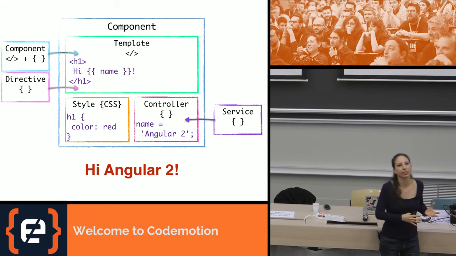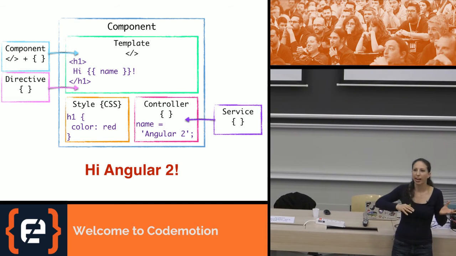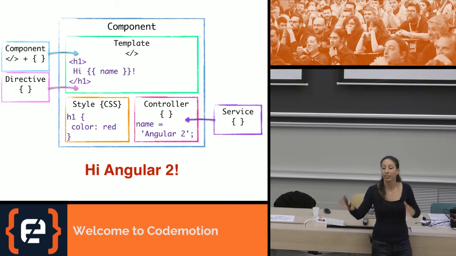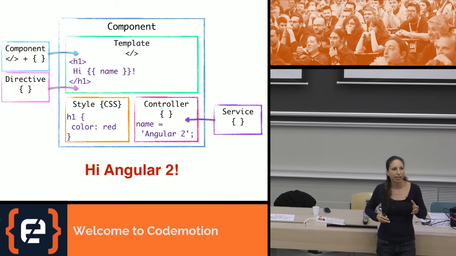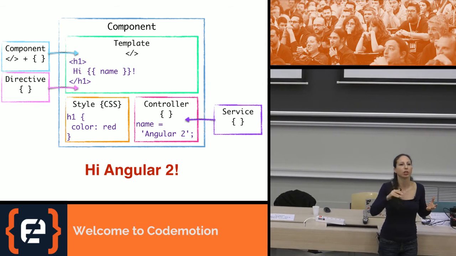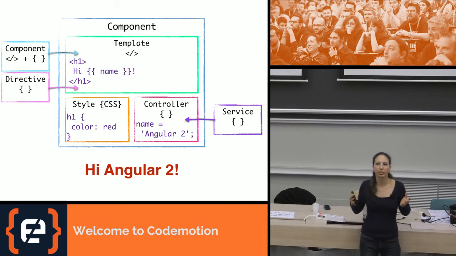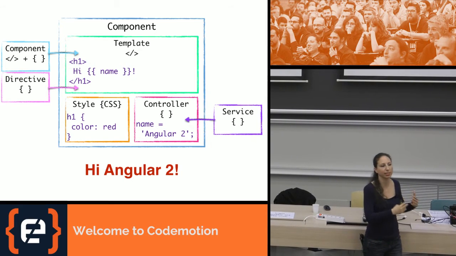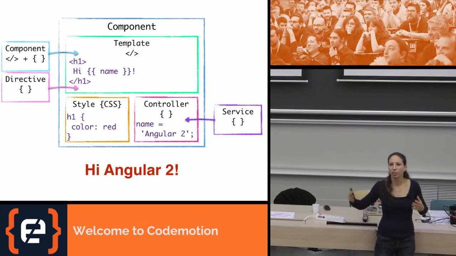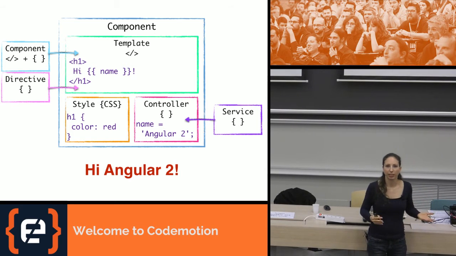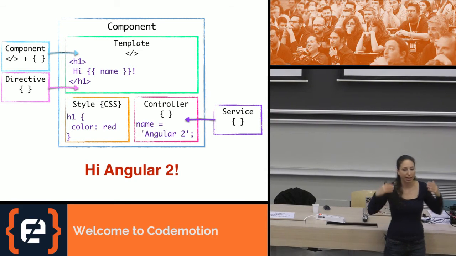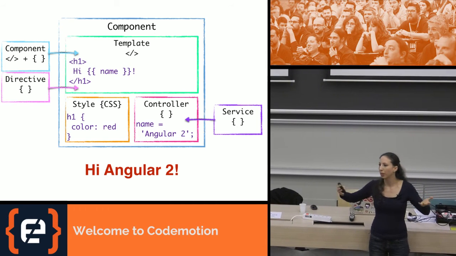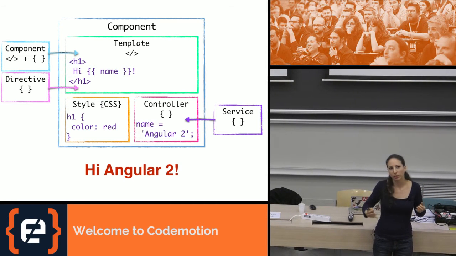You provide the service to the application, so Angular takes over and creates an instance of this service, and then you can inject it to different components, and all the components that use it will get the same instance.